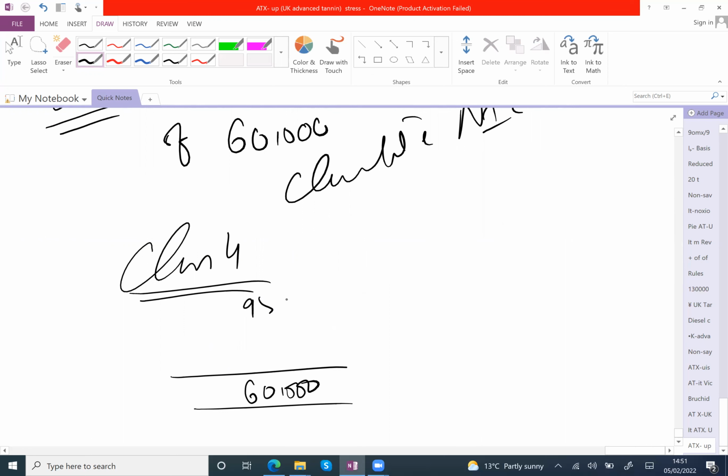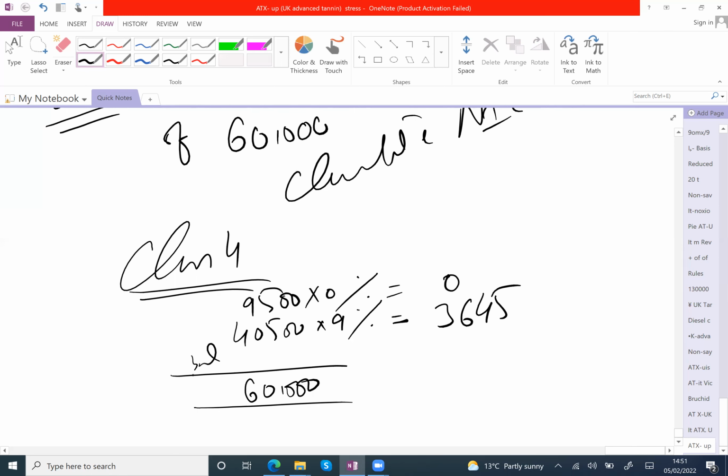Out of this, 9,500 at the rate of 0% is 0. 40,500 at the rate of 9% is equal to 3,645.